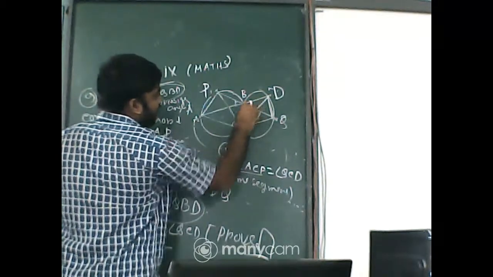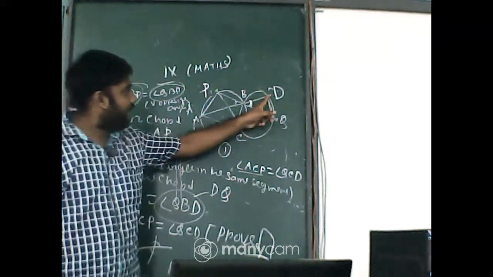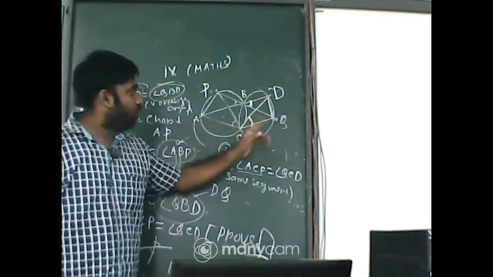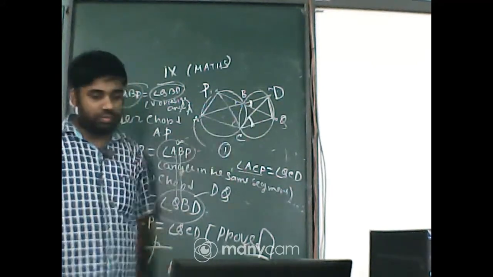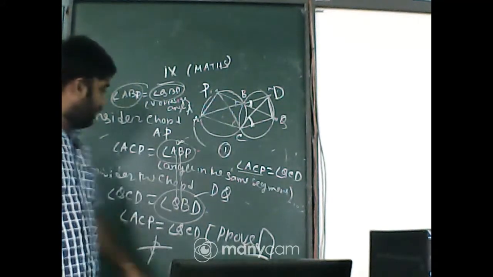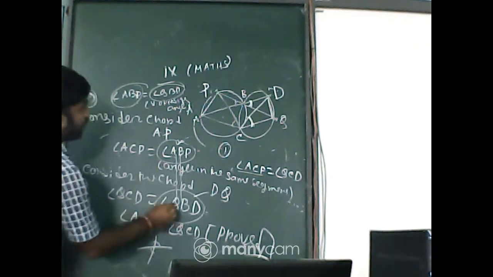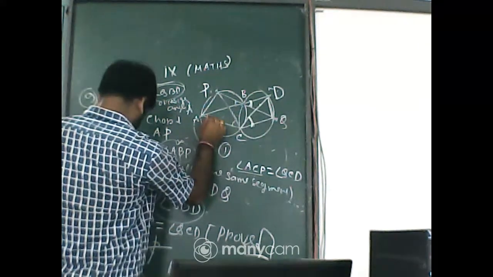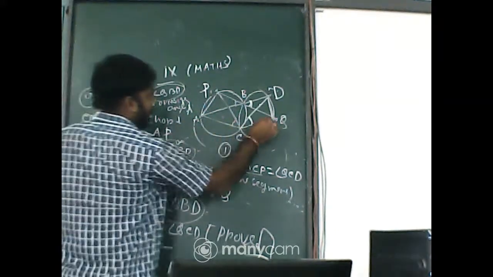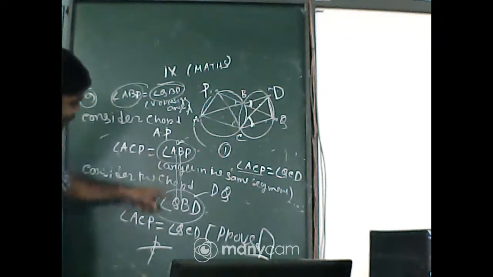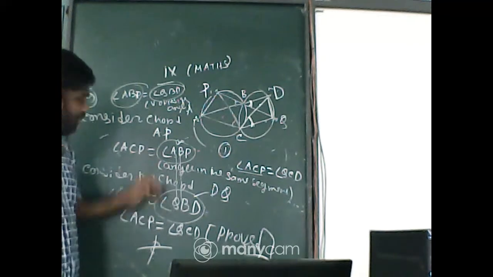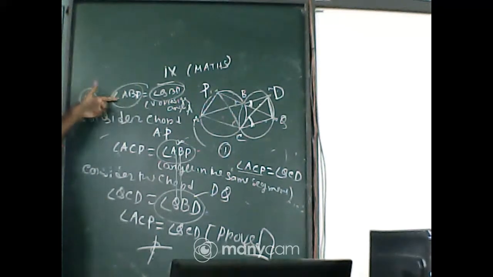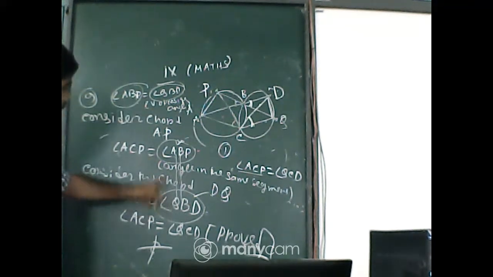These two angles are equal, starting at D and ending at Q. So these two angles must be equal. That's why QCD equal to QBD.